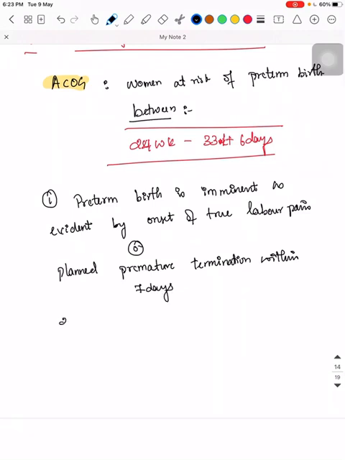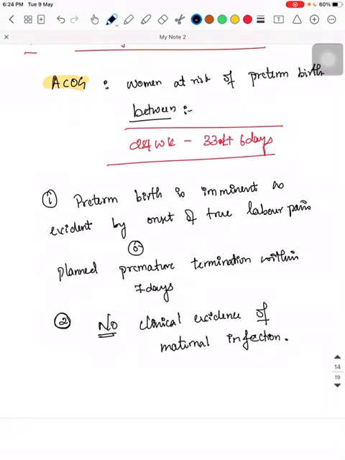Second, there should not be any clinical evidence of maternal infection. Okay.